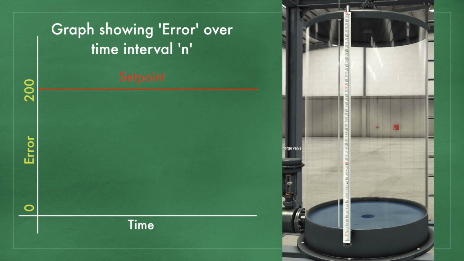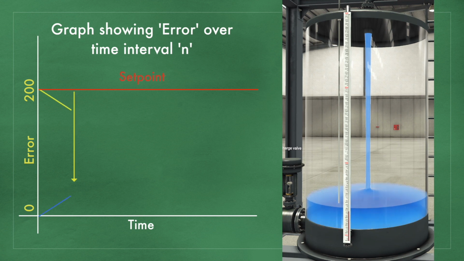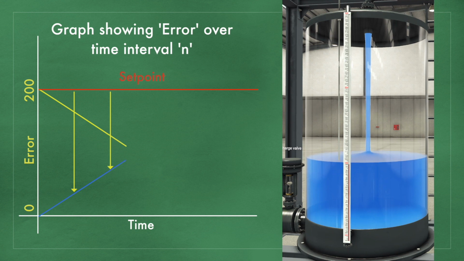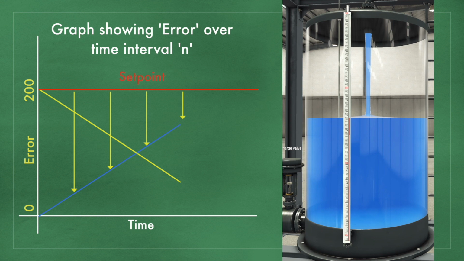This might seem a bit confusing at present, but bear with me and hopefully it will become a little clearer. So here we go. So we see the yellow error line being plotted, which is the inverse of the blue level line. So as the error comes down, the level goes up.